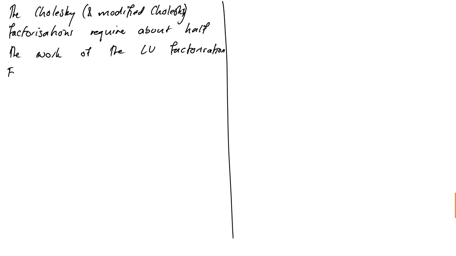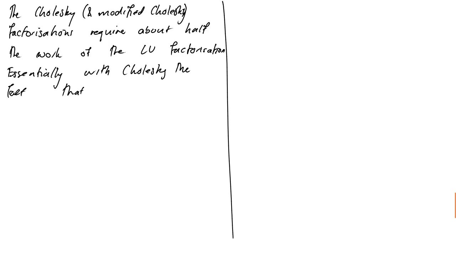Essentially, with Cholesky, once you've got one of the triangular factors, you've got the other one.